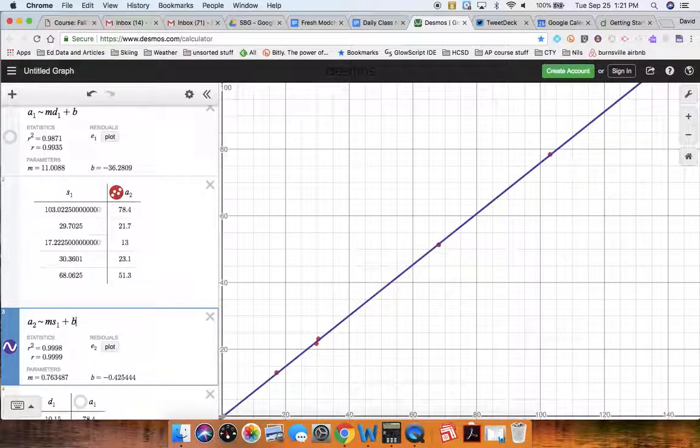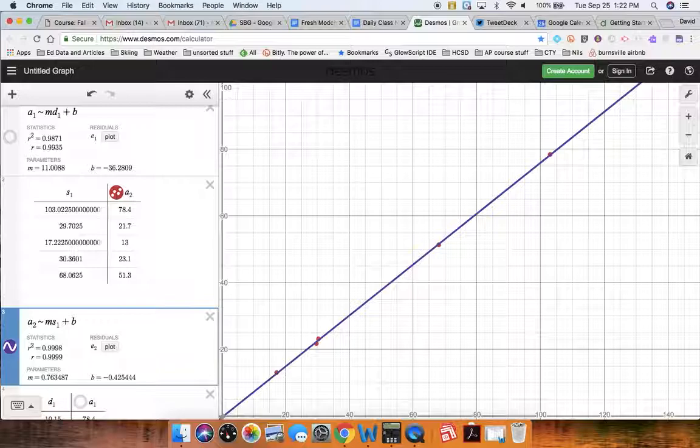Another thing that's very interesting about this is the slope. The slope here is 0.763. The formula for area of a circle that everybody knows from middle school math classes is pi r squared, which would be pi times diameter over 2 squared, which would be pi times the diameter squared over 4.